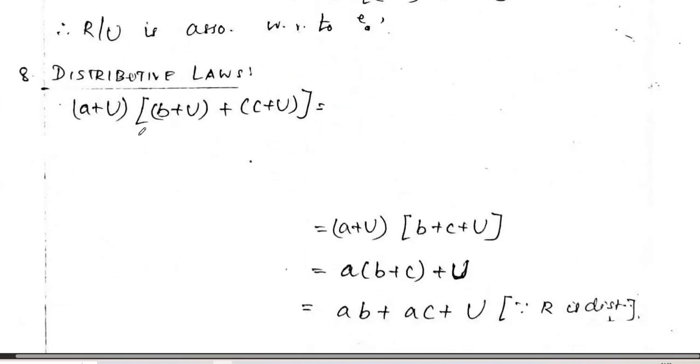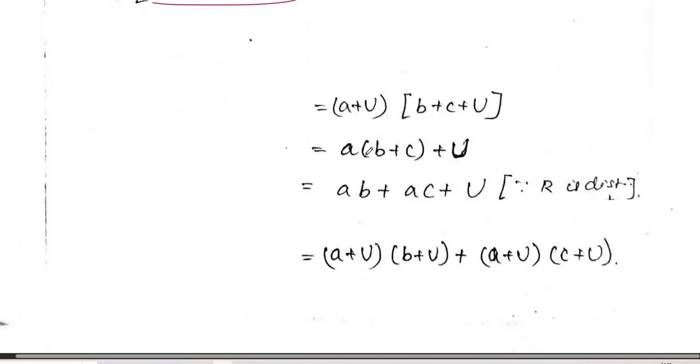Then for distributive laws, (A plus U) into ((B plus U) plus (C plus U)), when we consider, if we add these two, this is what we get, and by the definition of multiplication, you have this. Now, because R is distributive, we can rewrite this in this way.